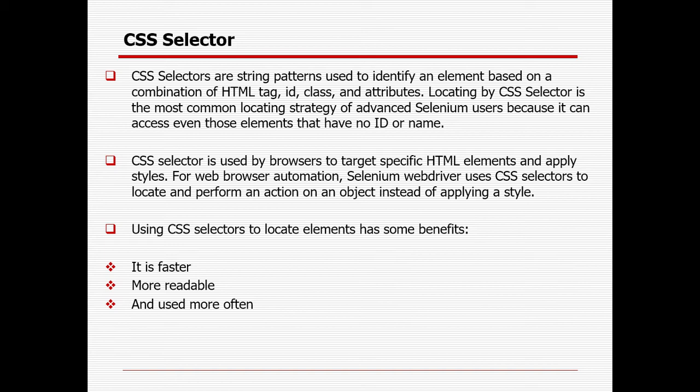CSS selector is used by the browser to target specific HTML elements and apply style. For web browser automation, Selenium WebDriver uses CSS selector to locate and perform an action on an object instead of applying a style. Using CSS selector to locate elements has some benefits. It's faster, it's more readable and often used more.